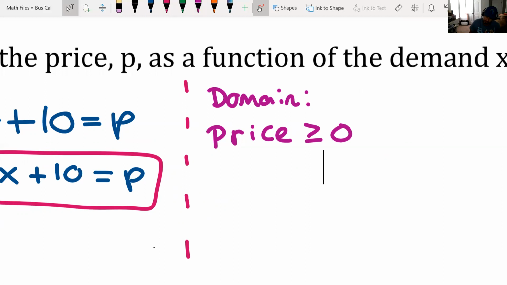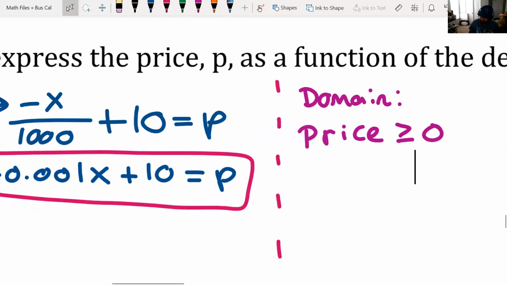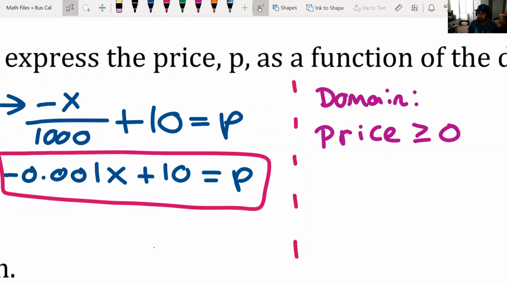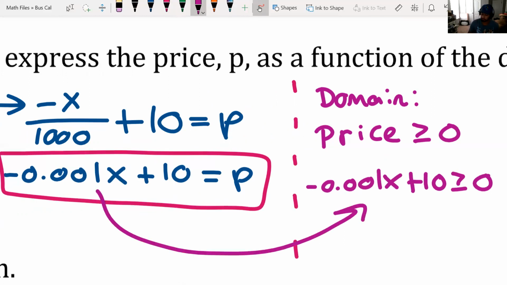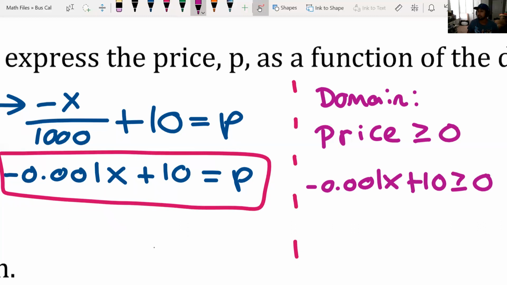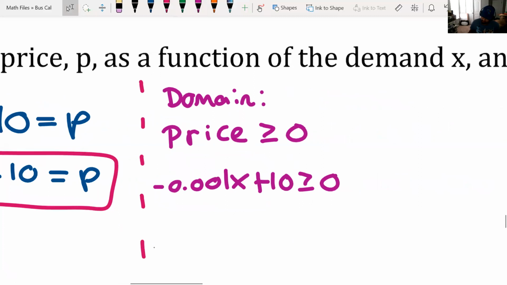And now what I'm going to do is plug in my actual price equation that you see here, negative 0.001x plus 10. Set it greater than or equal to 0, right? That just comes here. And solve it for x. So move that 10 over.